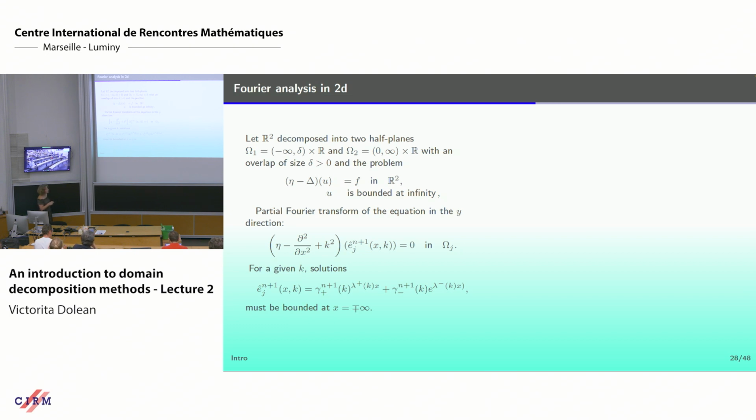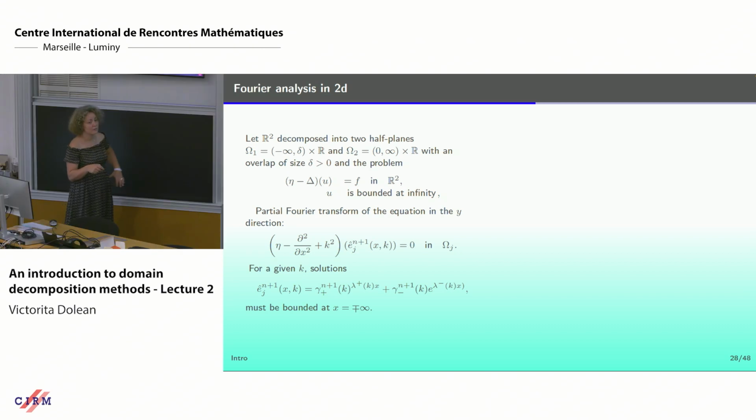So as usual, when you solve this kind of problem, you have one exponential which is increasing to infinity and the other decreasing to 0, okay? So you keep only the exponential that is vanishing, not the one that is increasing to infinity. Since one domain goes to minus infinity and the other goes to plus infinity, you keep a different exponential for each domain.